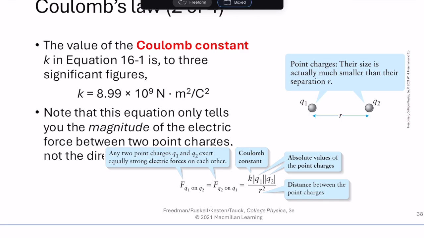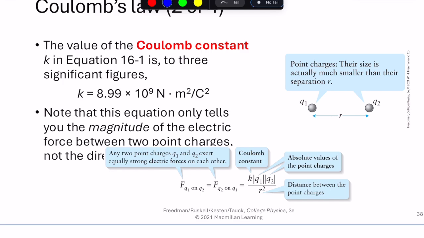That constant of proportionality is called Coulomb's constant, given by the letter K. The value is 8.99 times 10 to the 9 newtons times meters squared over coulombs squared. So if you analyze those units, if you put that K next to the magnitude of the two charges divided by distance squared, that's going to convert the coulombs squared over meters squared into newtons.